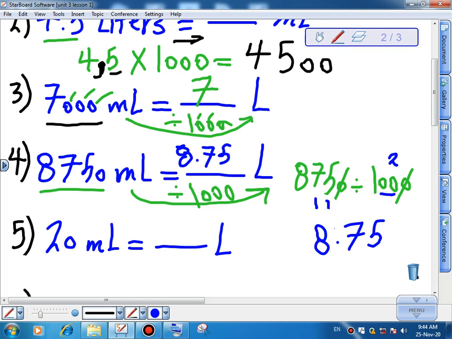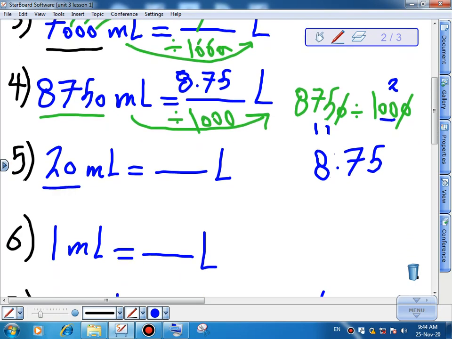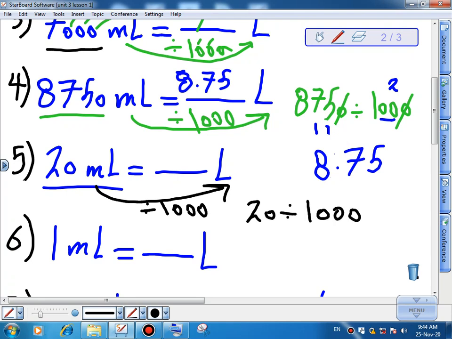8.75 liters. Next one, 20 milliliters equals how many liters? From the smallest to the greatest, we divide by 1,000. 20 divided by 1,000. First, 0 goes with 0.